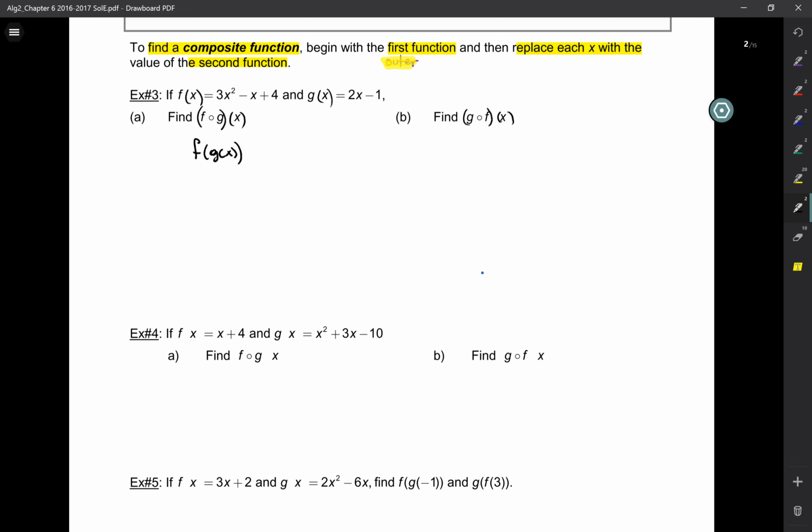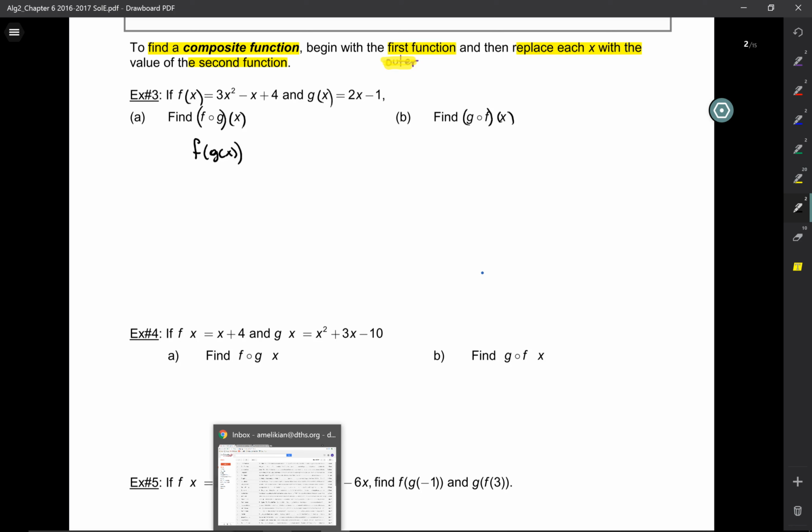No, we're not multiplying. So this is another way of writing it, right? Now, which one is the outer function here? f or g? The one on the outside. Okay. That's f, right? This is the one that's outside, the outer function. And do you see how g looks like it's nested inside of f? So this is the outer function.